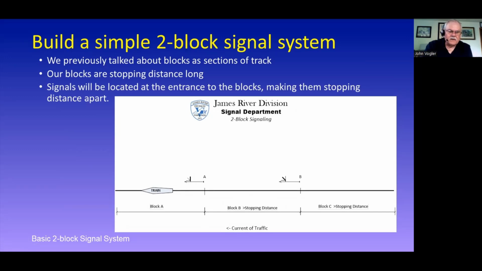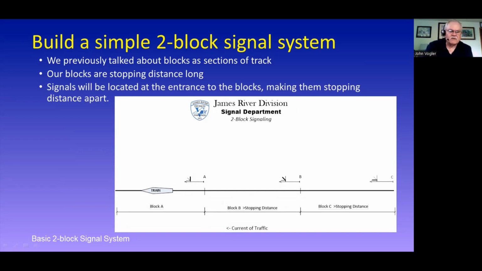Down at B, the entrance to B, which is stopping distance away from A, we're going to show the 45, which says, if you remember from the chart, approach the next signal prepared to stop. So there's the sequence in a two-block system.